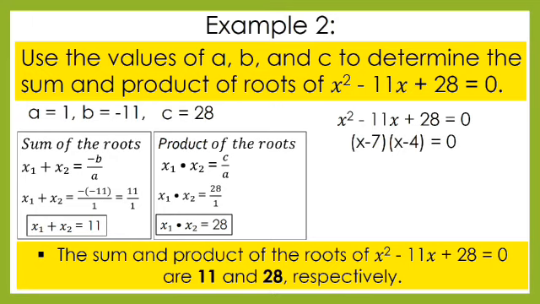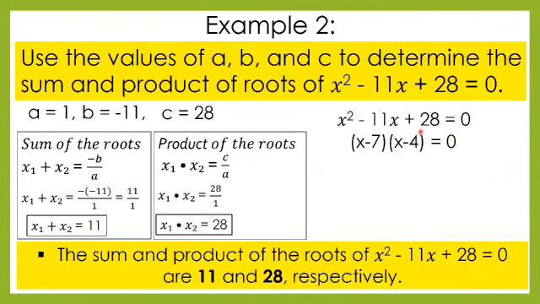We will use the factoring method of solving quadratic equations. The factors of x squared minus 11x plus 28 are x minus 7 and x minus 4. The factors of x squared are x and x.